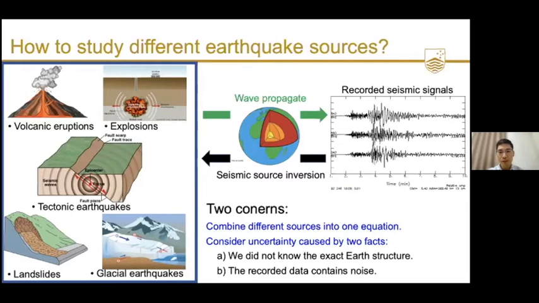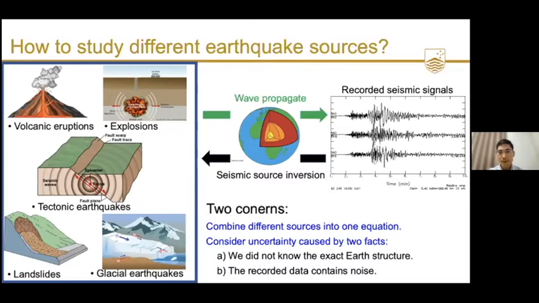So how do we differentiate these different sources and know their character based on the recorded seismic signals? The answer is to use seismic source inversion. Seismic source inversion is a procedure to infer the physics of the source by fitting predictions obtained by forward modeling to the seismic observations.